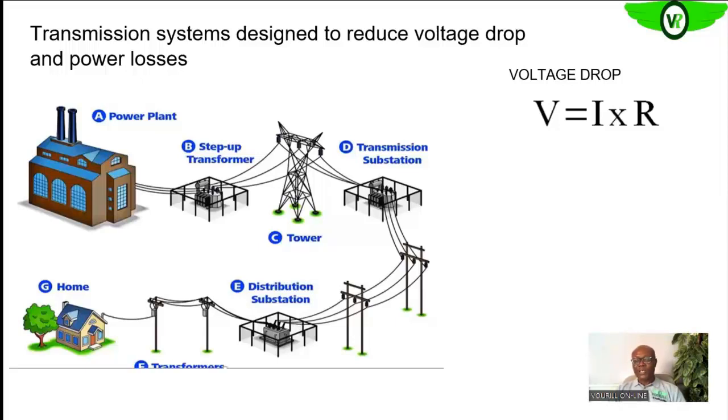So eventually, you will see that the voltage that we have at the end, where we want to use the particular voltage signal, may not be up to what we actually expected. Assuming, let's say here now we need 11 kV, we are generating 11 kV here, okay? So assuming we are transmitting over a distance of some kilometers.